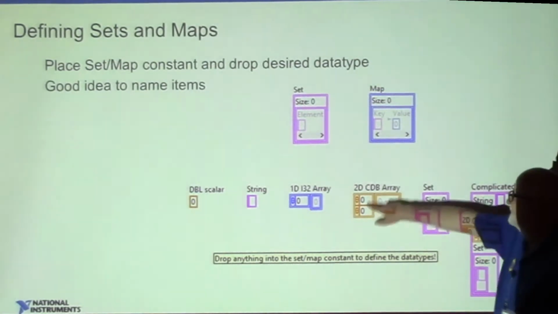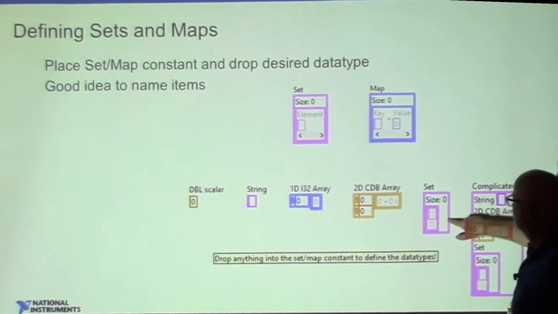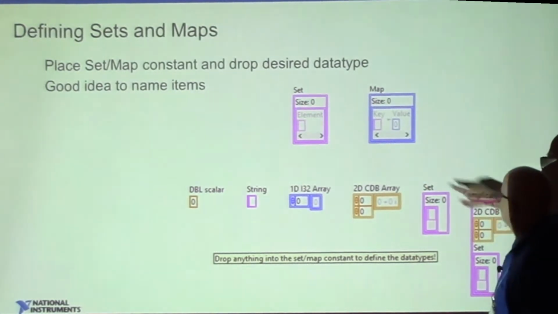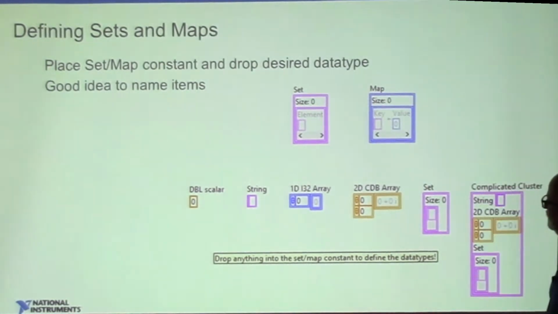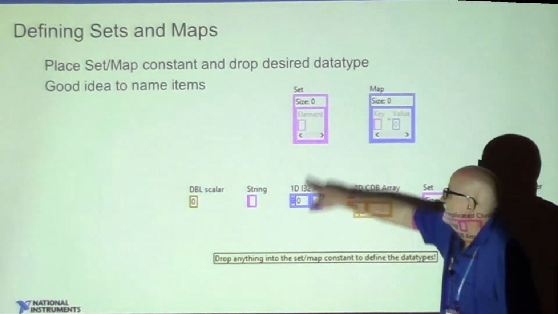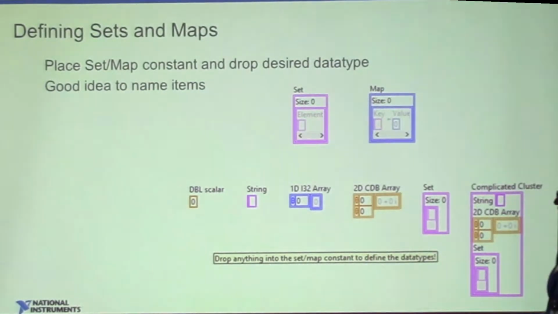So you can drag this in here, it turns orange, and this in here, and make a key, right? Or you can define the element of a set to be a 1D array, and go from there. So you can really do anything you want, right? It doesn't have to be a string, like in the old days.